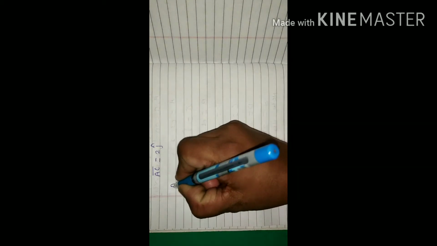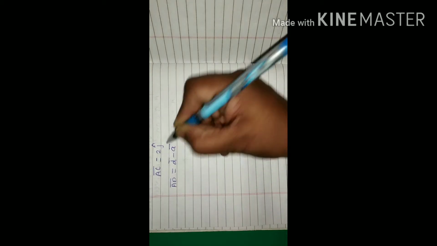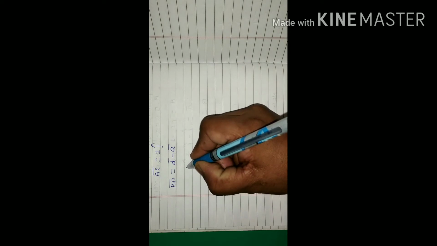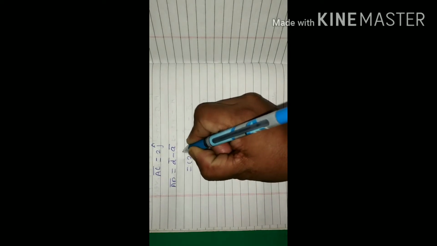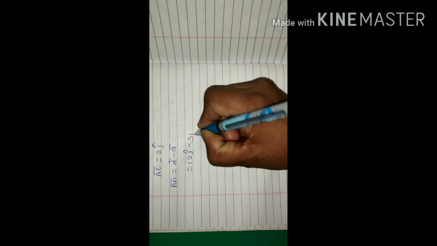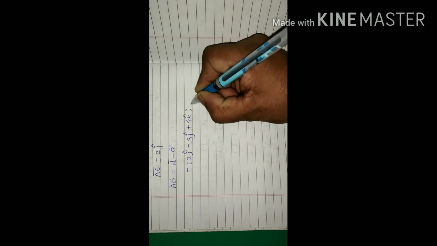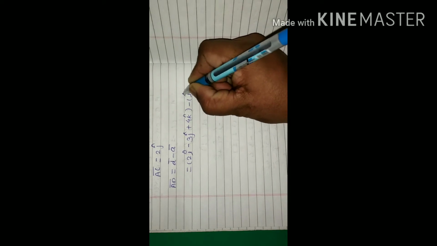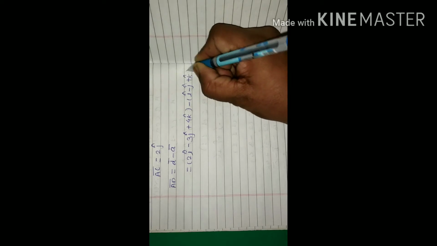Then we find AD bar is equal to D bar minus A bar. Put here values of D bar and A bar. Then we get the value of D bar is 2i cap minus 3j cap plus 4k cap, minus the value of A bar, which is i cap minus j cap plus k cap.